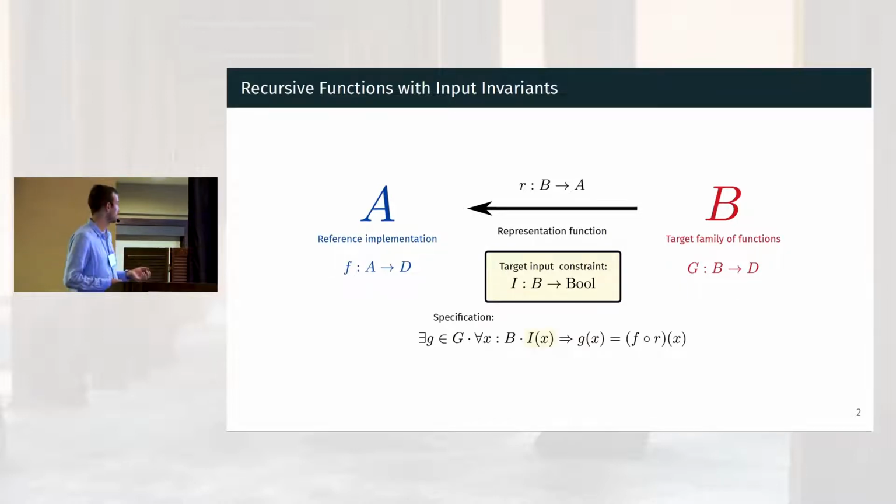What we want to synthesize is some function that belongs to the target family of functions and satisfies the specification that for any input of type B, if it satisfies the constraint I, then G, the function in the target family, is equivalent to the reference implementation. So for example, here I showed you how I would try to synthesize a binary search on a binary search tree.